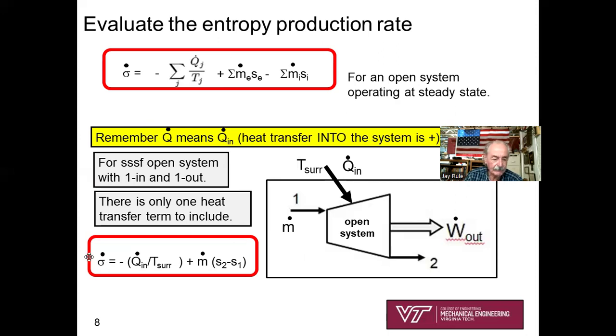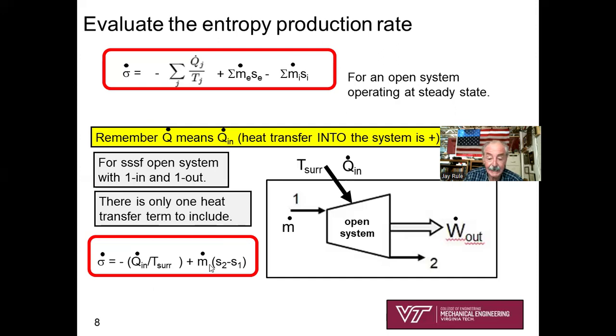We're going to look at, okay, we've got sigma dot equals, here's our pesky minus sign. There's only one heat transfer in, so we've got Q dot in divided by the temperature at which it's being transferred from the surroundings, T of the surroundings. So we've got minus quantity Q dot over T of the surroundings. That's the first entropy transfer term. And then the next two, they simplify. Here's exit, here's inlet. So we've got one m dot.